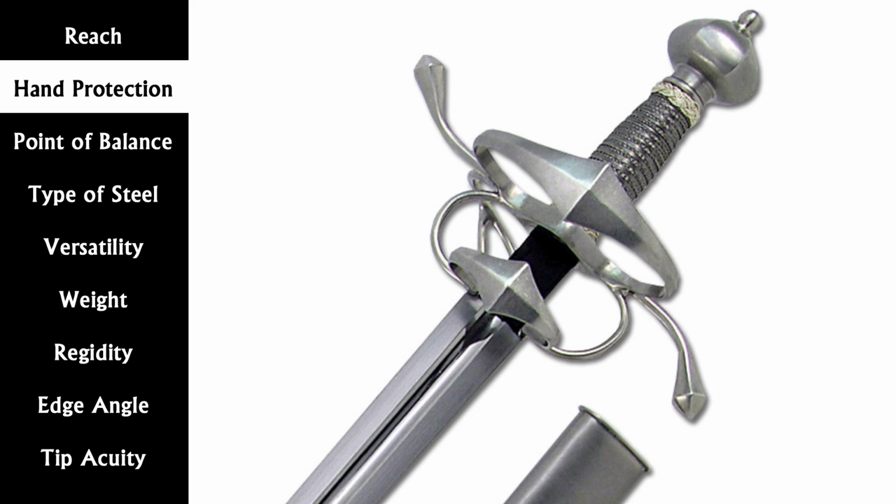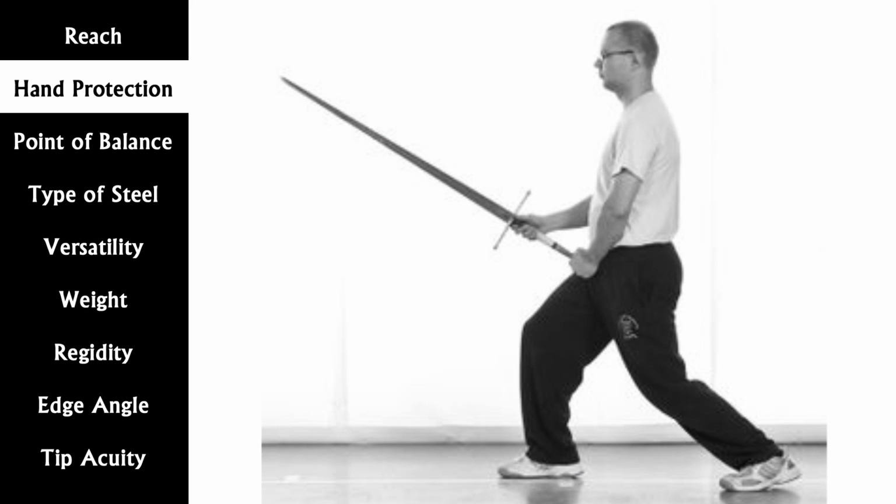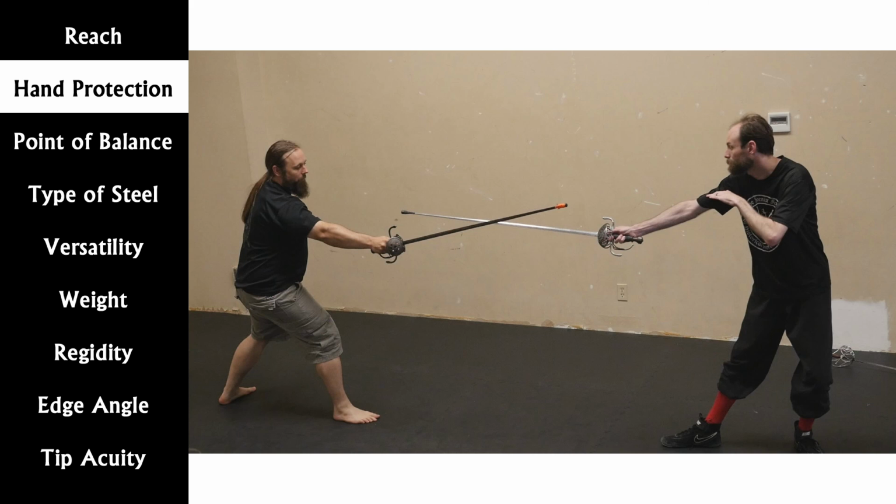Next up, hand protection. Hand protection is really interesting when you look at it, because the type or level of hand protection you have on a sword really determines your stance, or how you will hold the sword in combat. Swords that have a lot of hand protection, like a fully swept hilt or basket hilt, are held completely forward facing the opponent, with the hand holding it extended all the way.